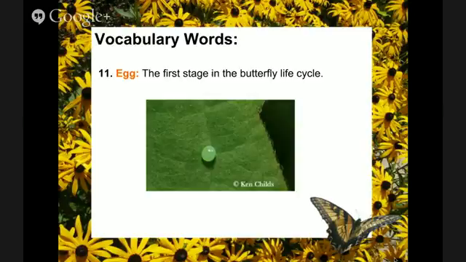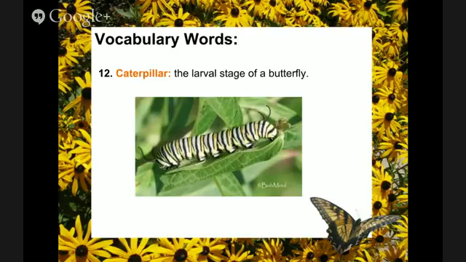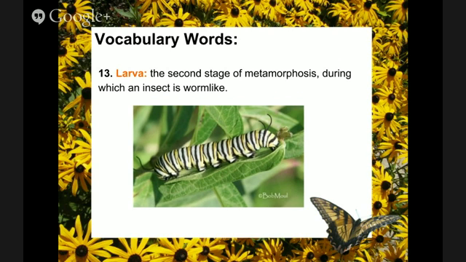Then we have the egg. This is, like I said before, the first stage in the butterfly's life cycle, which is a very important stage for the butterfly to be able to grow. The caterpillar is the larval stage of the butterfly. The larva, also known as the caterpillar, is the second stage of metamorphosis, during which an insect is worm-like.